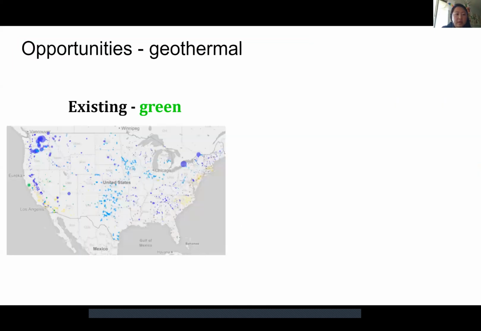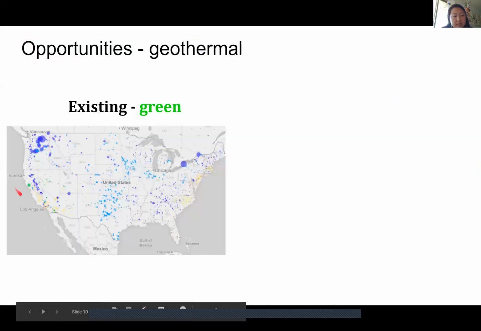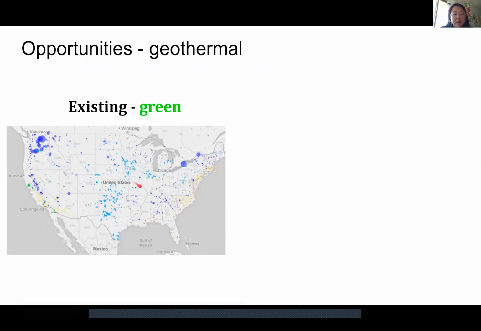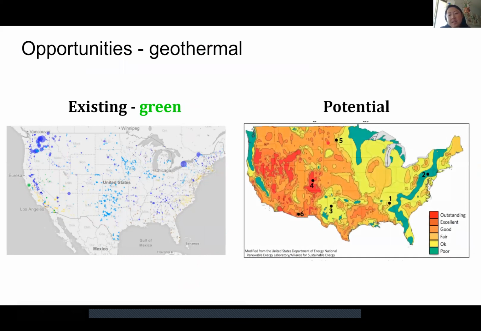Right. And so you can see in the green, these places in California and Nevada have started harnessing energy in that way. However, not a lot of green on this map, but they're saying that scientists have found out that there are a lot of locations in the US that have very high geothermal activity.